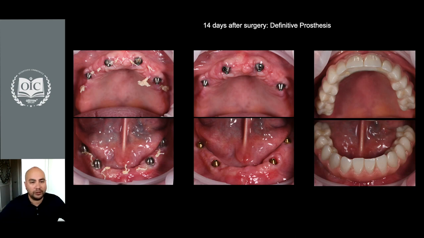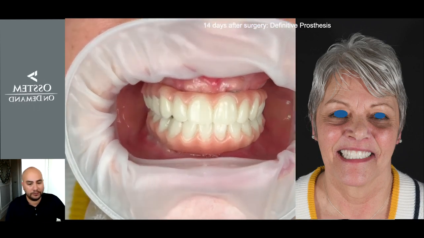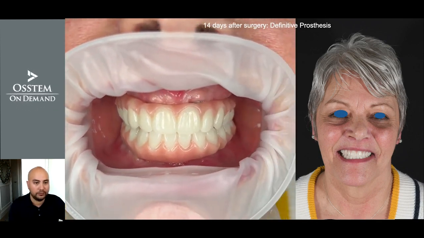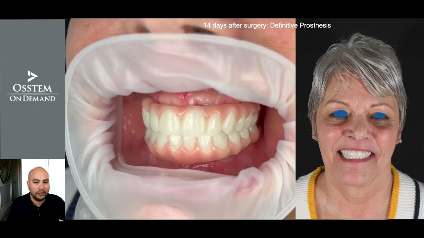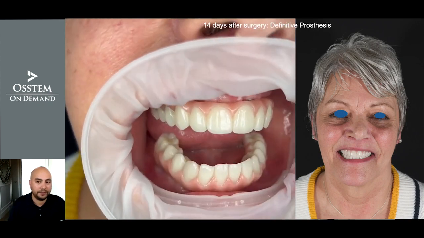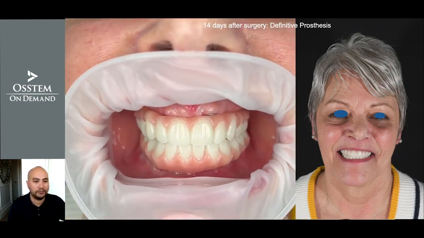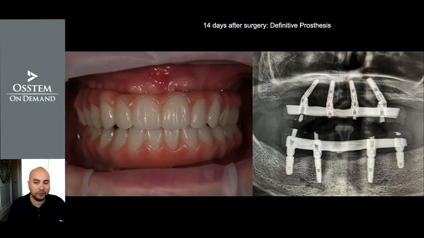And then just after 2 weeks from the surgery, we're able to fit the definitive prosthesis. And you can see here the bite is adequate, is even. And that's the post-operative X-ray.